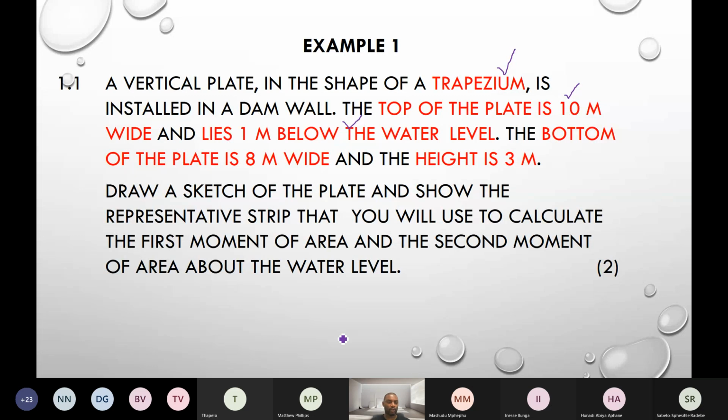Fact number 4, the bottom is 8 meters wide, and the height is 3 meters. So you can see the important things that I picked up, which I put in yellow and am ticking: it's a trapezium, the top is 10 meters and lies 1 meter below water level, the bottom is 8 meters wide, and the height is 3 meters.